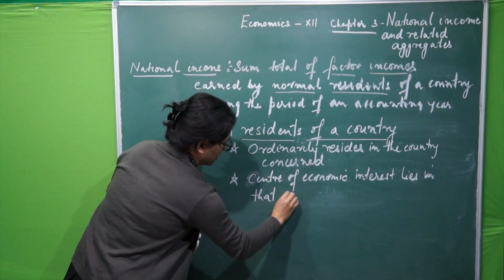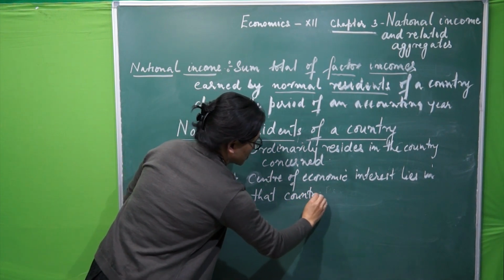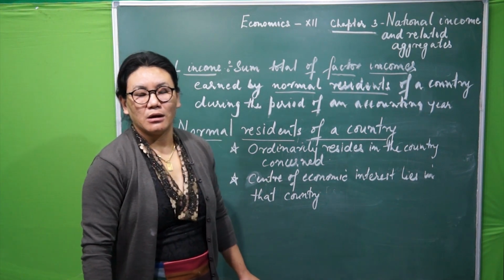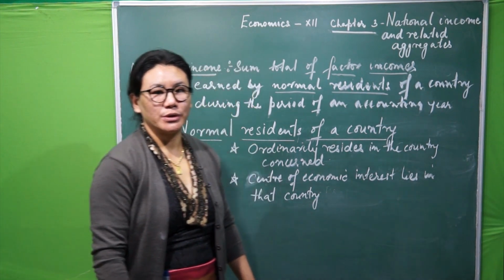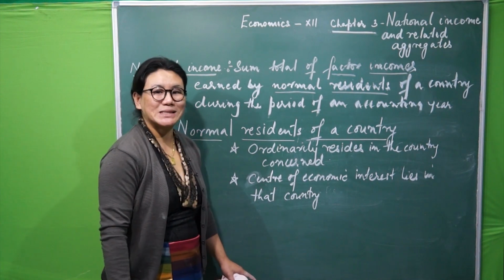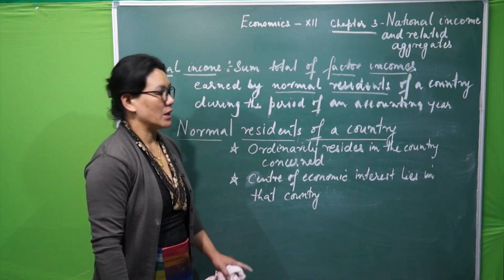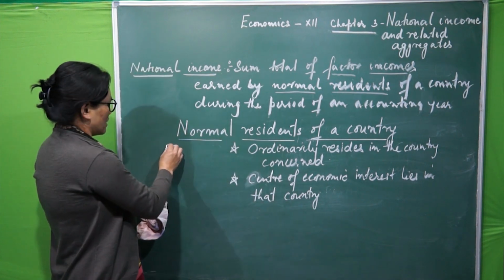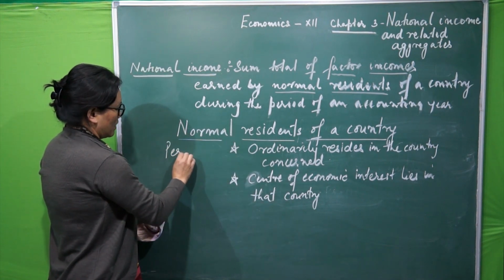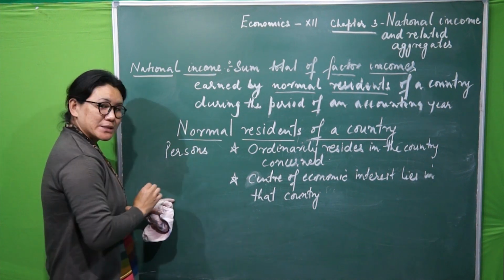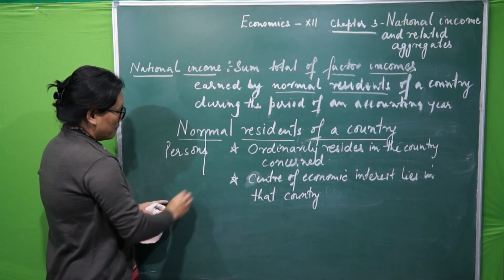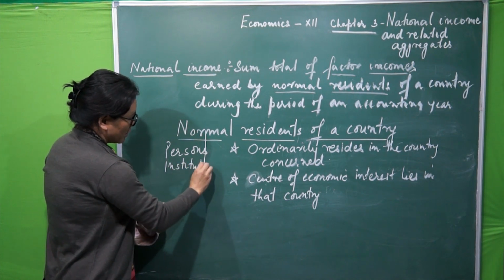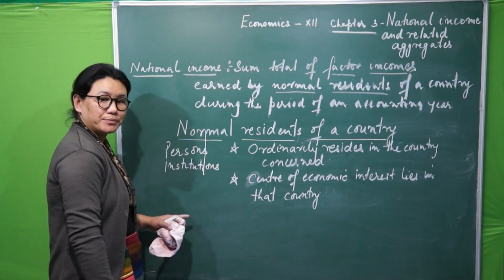These are the two rules or conditions to be followed to be called a normal resident of a country. A normal resident includes not only persons, but can also be institutions.